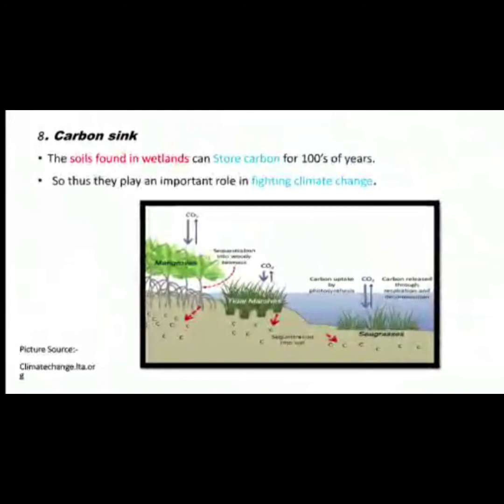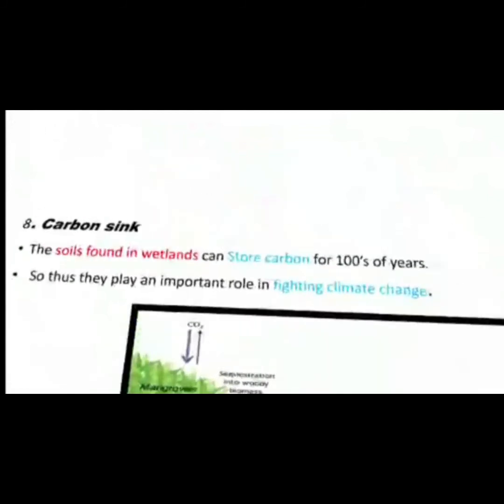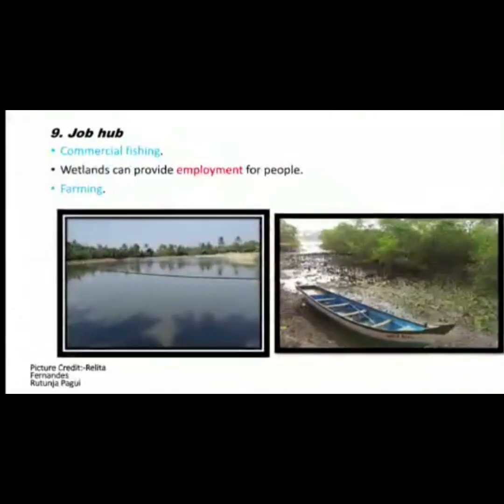Carbon sink. The soils found in wetlands can store carbon from hundreds of years ago. So they play an important role in fighting climate change. Job hub. Wetlands can be a very good source of employment. The basic use of wetlands can be in the form of agriculture.